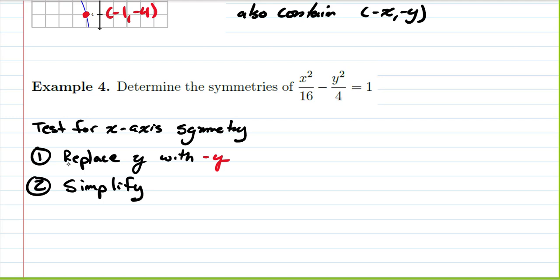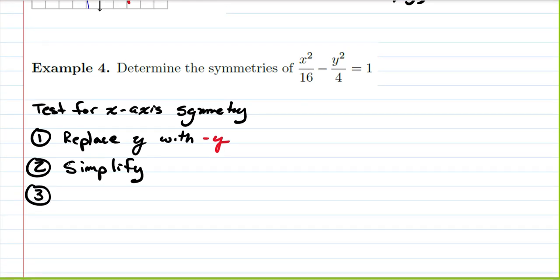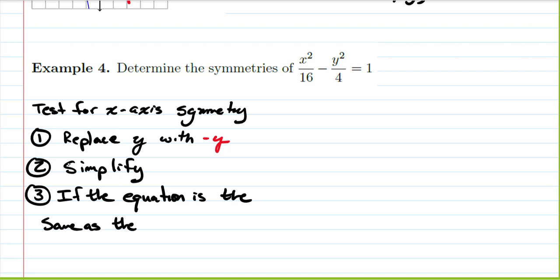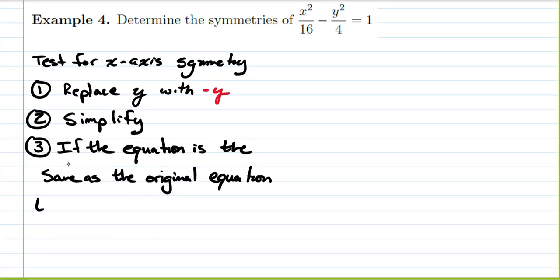And then step 3, if the equation is unchanged, or if the equation is the same as the original equation, the graph has x-axis symmetry, or the equation has x-axis symmetry.